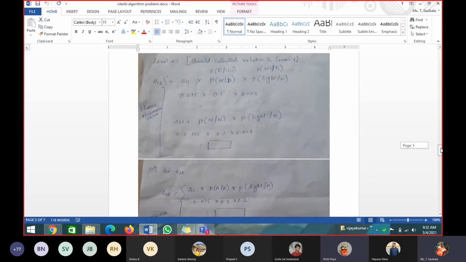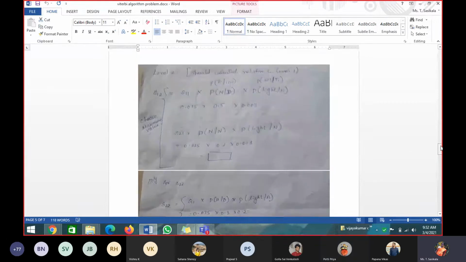What is the next combination? Whether it is okay, some values you are getting, you keep it with you. At the end, we will finalize which is the correct tag. Level 2 for S12 itself, it is over. Level 2 we have S12, S22 and S32. In S12, how many combinations do we have? Two combinations.